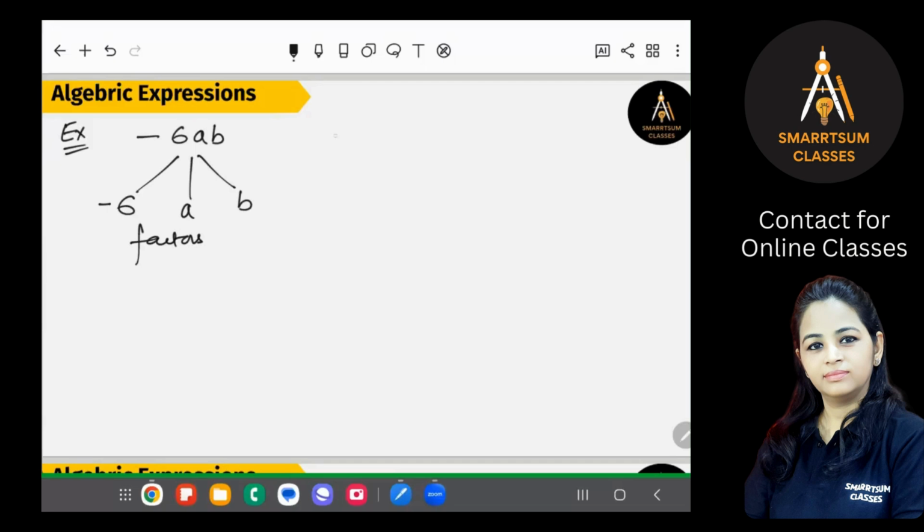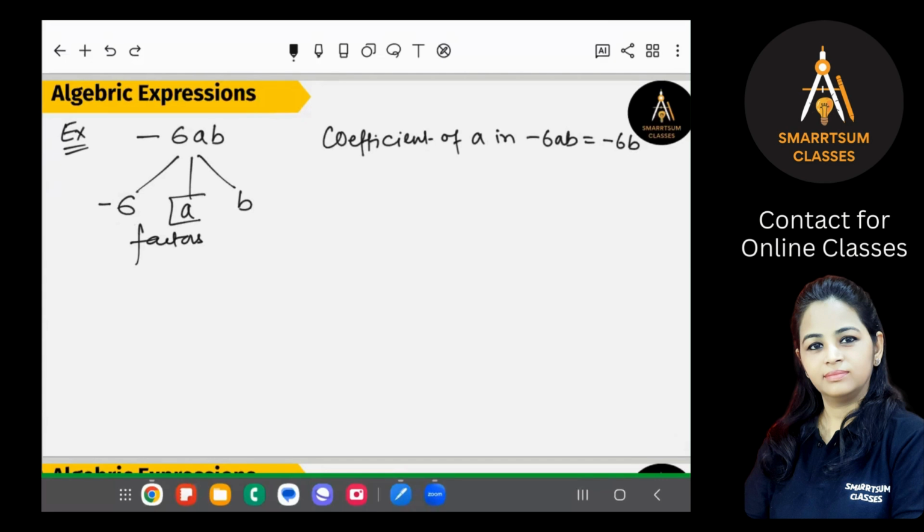Now, if it is asked, coefficient of a in minus 6ab, what will you write? Minus 6b. Except a, we find the product of the other two factors, minus 6 into b, that is minus 6b.